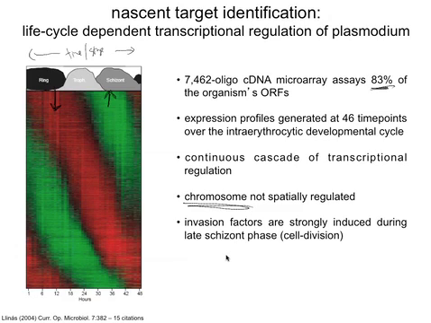In terms of results, which again we're not so concerned with in this particular study as much as we are in terms of generally how the technology is being applied, we see that invasion factors are strongly induced during the late schizont phase, and that's when the erythrocyte ruptures and the schizonts then escape from the erythrocyte and can go on and invade other cells.